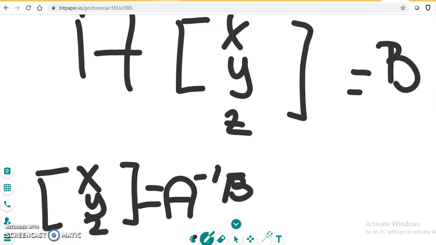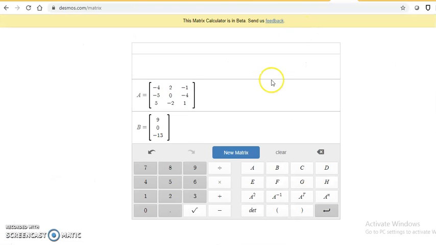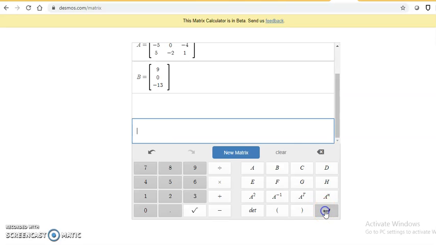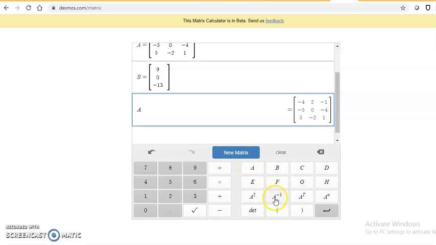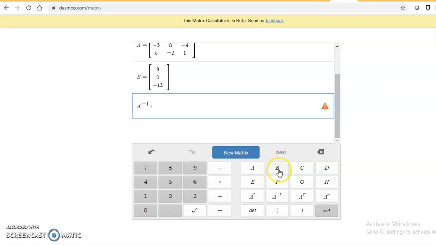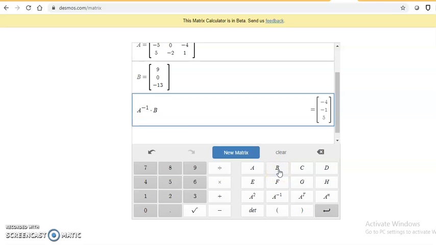So, let me pull my calculator back up. I'm going to go to my next line, and I put an extra line there. I'm sorry about that. So, I know that I need my matrix A, and I need the inverse of that matrix. It's right there for me. I'm going to multiply that by matrix B, and there's my solution. Easy peasy.